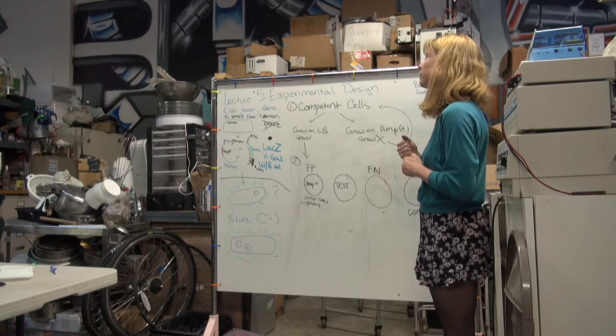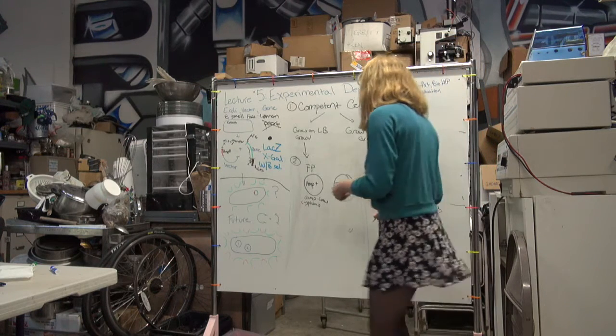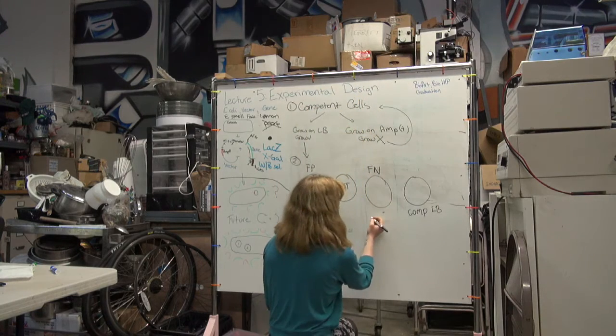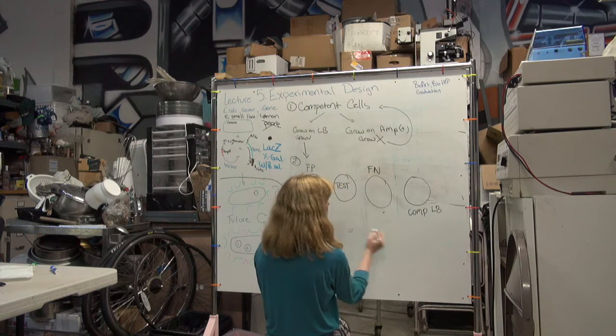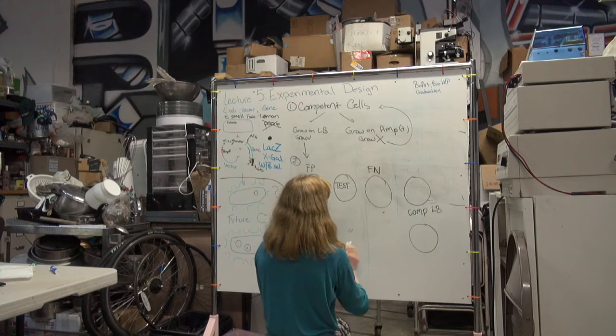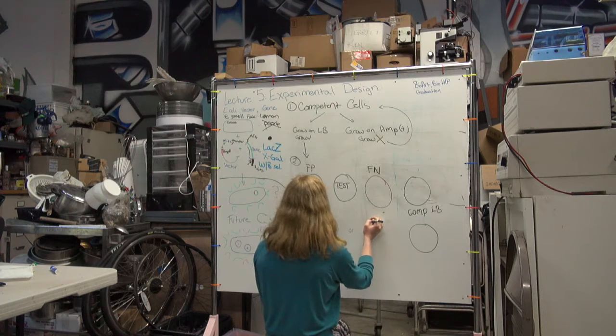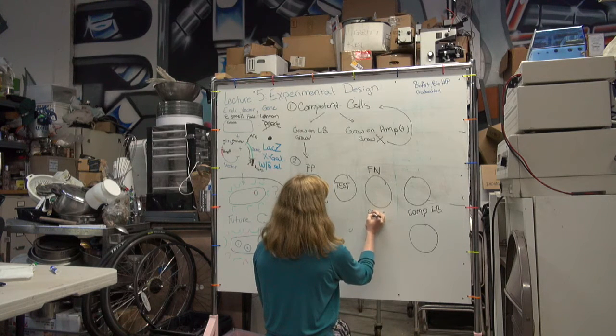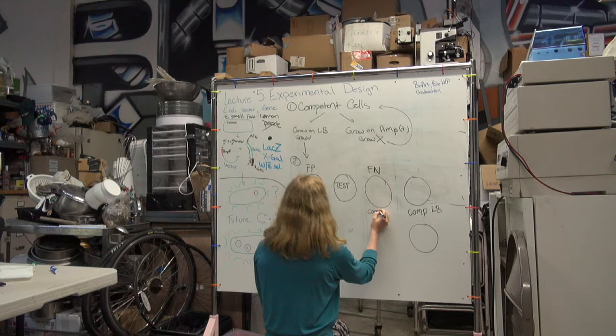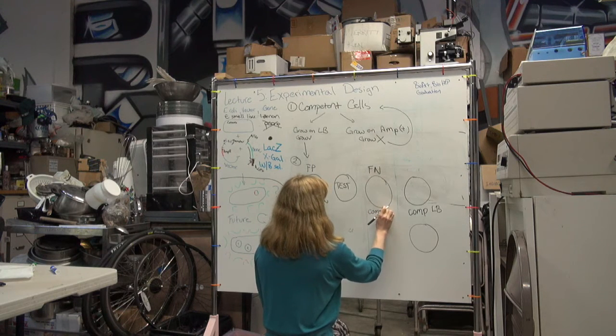And then, if you want to be thorough, you're actually going to have 5 plates. And so this would be competent cells plus another plasmid that you know works in your lab.